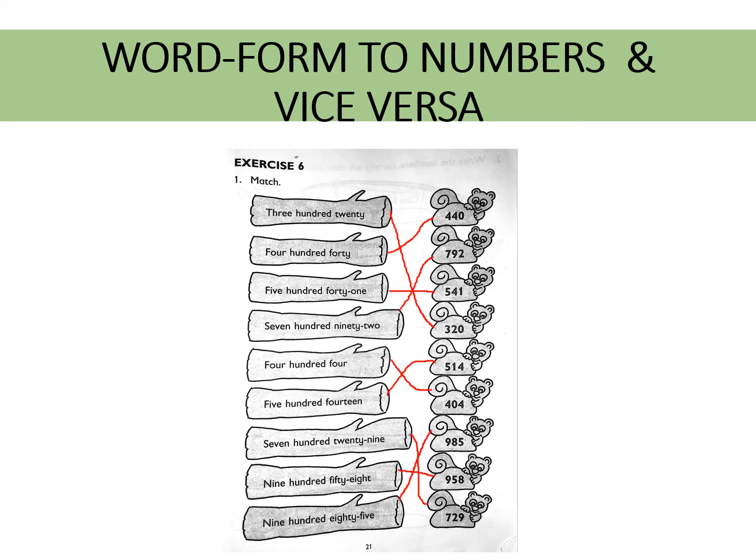Okay, everybody, so here you have the answer sheet. We have 320. There you go. 320. We have 440. That's this one right here. 440. We have 541 right here. Remember that your first digit is going to be in your hundreds.